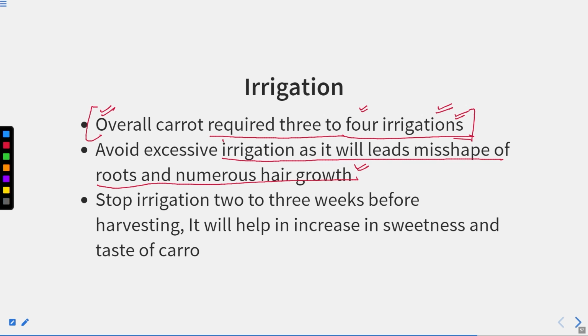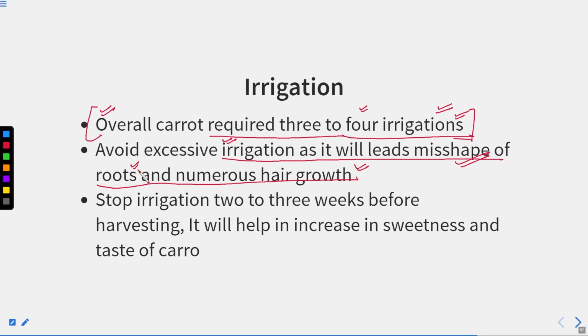Don't think that to grow this particular crop you require more and more irrigation. No, excessive irrigation is not required, because it will lead to misshapen roots.